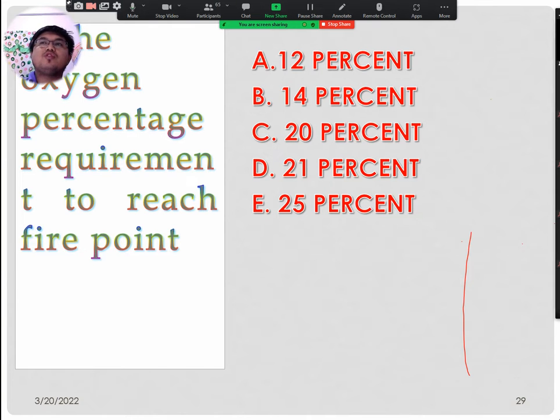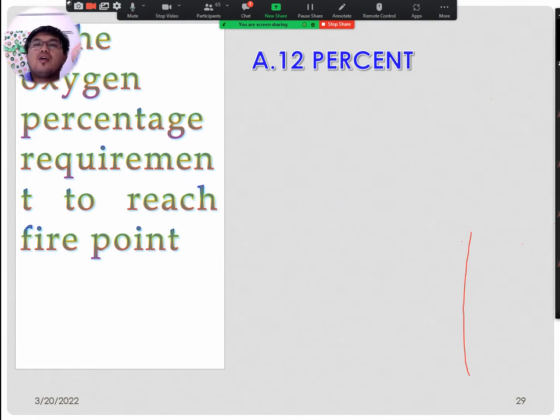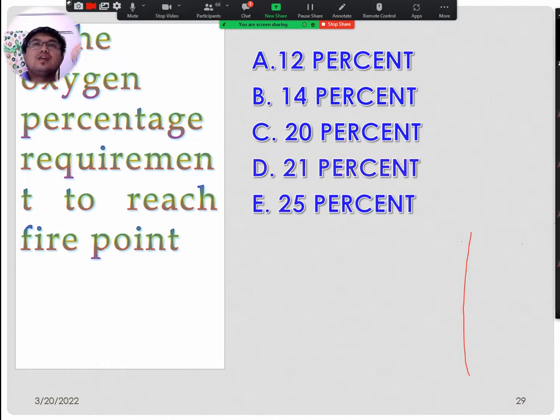Paano kung tinanong tayo dyan? Ilang percent daw ng oxygen ang kinakailangan para makaabot tayo ng tinatawag nating fire point? 12%? 14%? 20%? 21%? Or 25%? So, you have answered 21%.